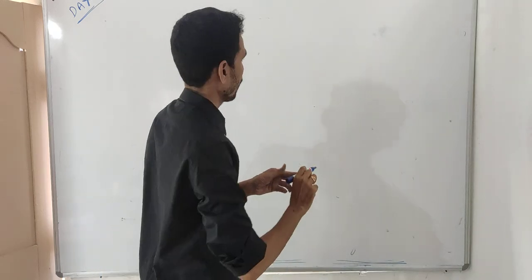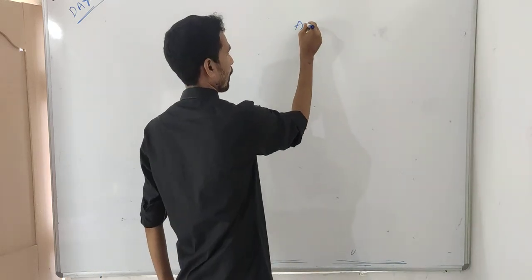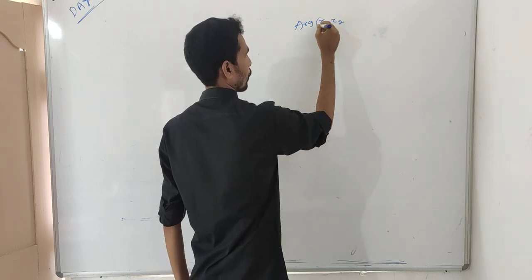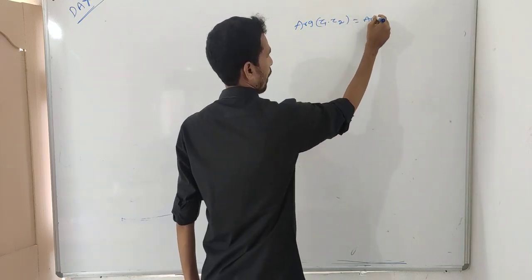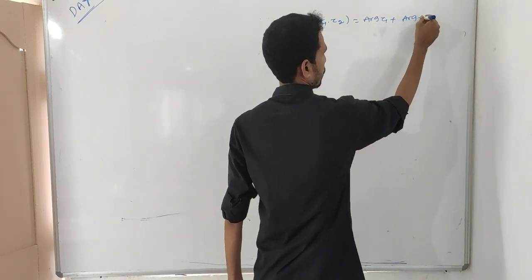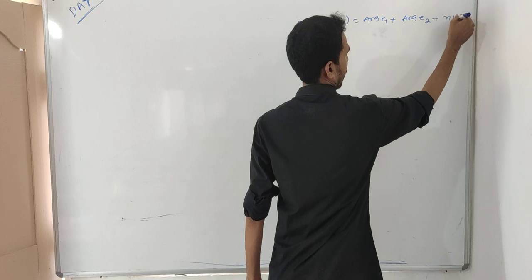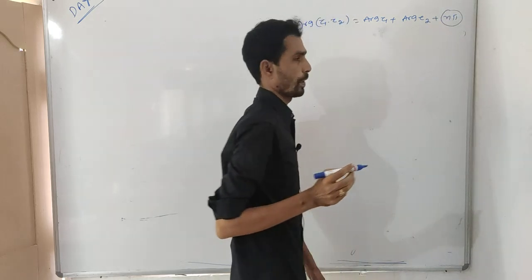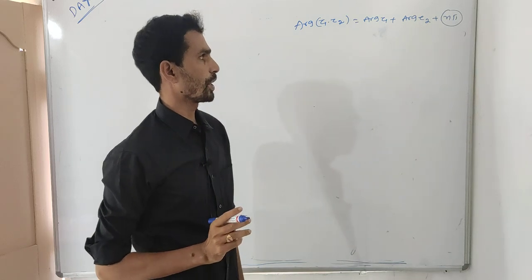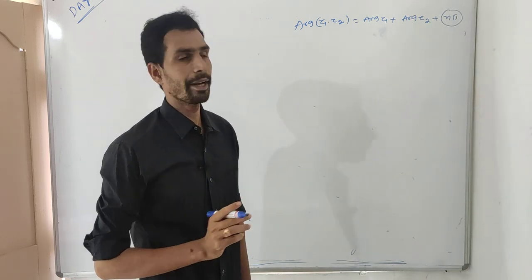Z is a complex number, then arg z1 into z2 is equal to arg z1 plus arg z2 plus n pi.